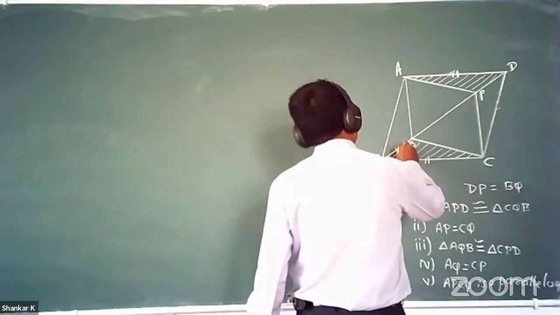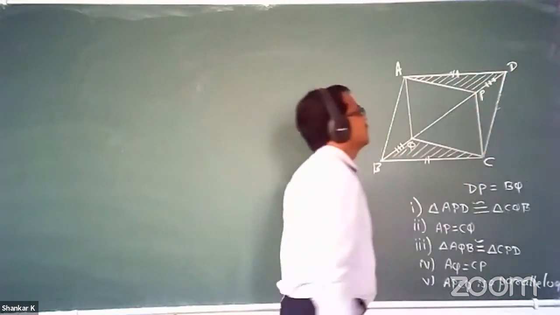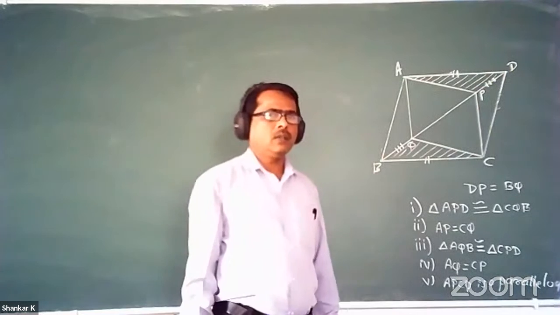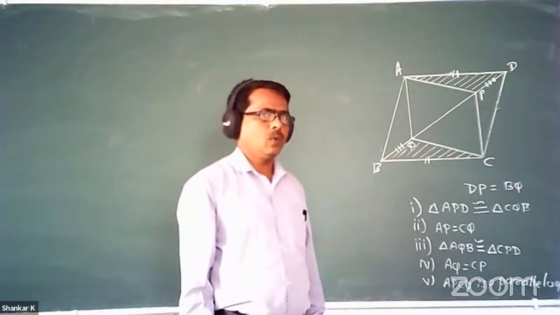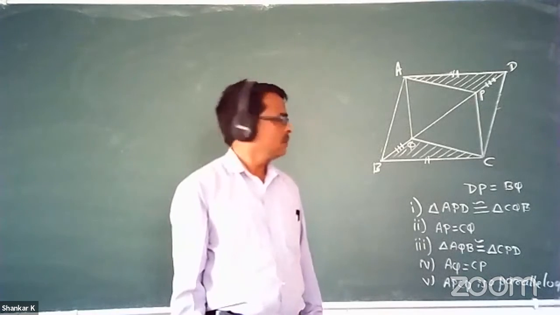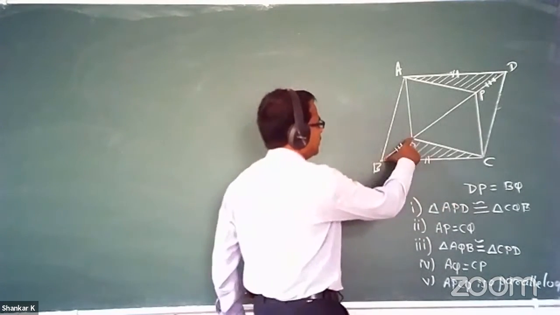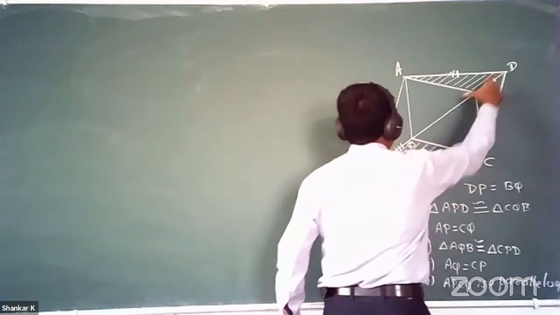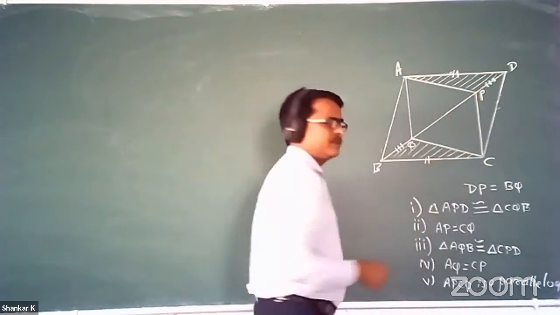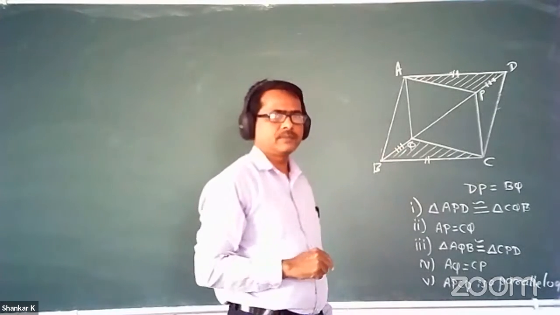Now, these two sides are equal or not? Equal. Why? Common side. Sir, DP is equal to BQ, it is given. You should see the question, it is given.